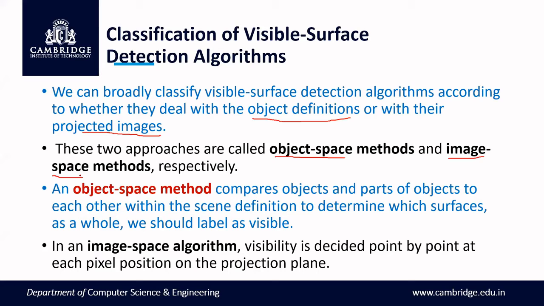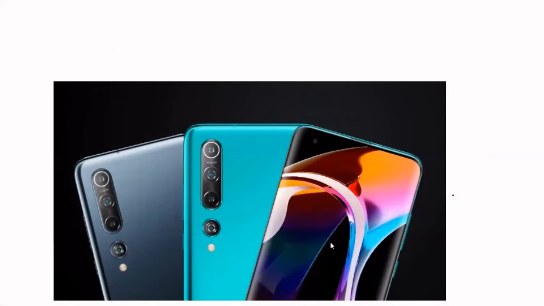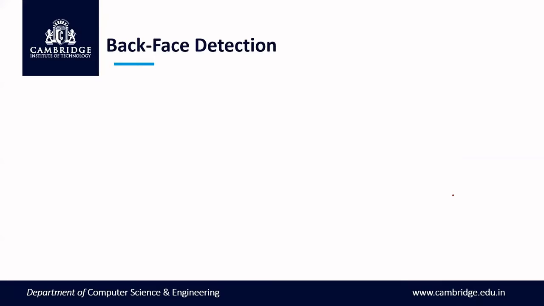So image space is based on the pixel, whereas object space is based on the object or parts of the objects. We will discuss these two types of algorithm today, one example of an object space method and one example of an image space method.